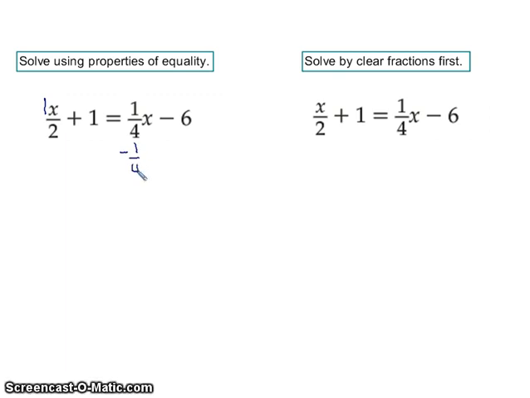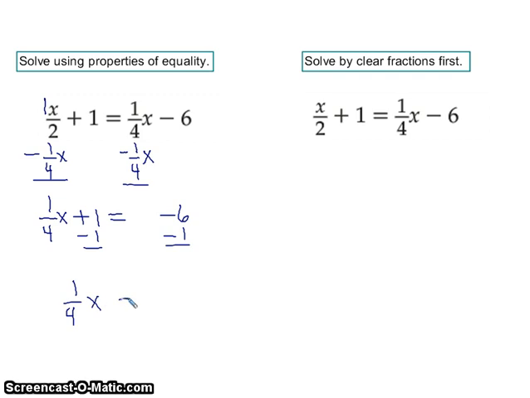I'm going to subtract 1/4 x from both sides. And think about money. If I have 50 cents minus a quarter, that gives me a quarter. So I have 1/4 x plus 1 is equal to negative 6. And then I will subtract 1 from both sides. And I have 1/4 x is equal to negative 7.